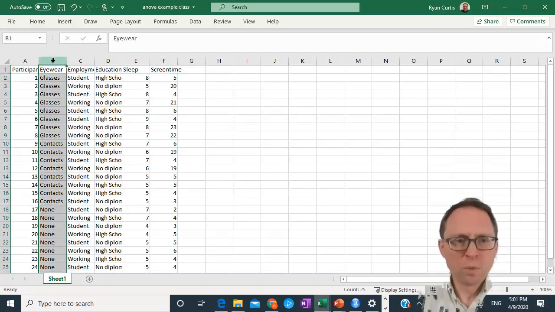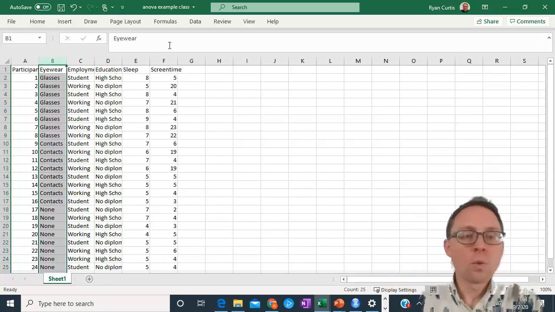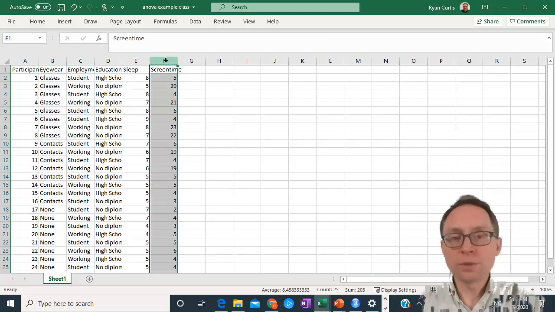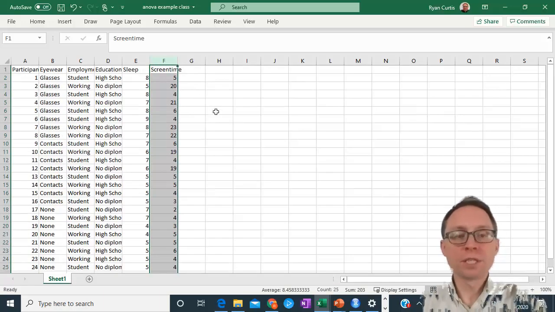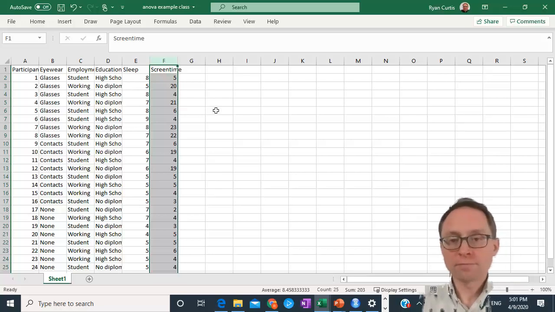Notice one independent variable, which is categorical, but it's got 3 categories. One dependent variable, which is continuous. So I want you to take these data and calculate each of the different statistics that we need for the analysis of variance.